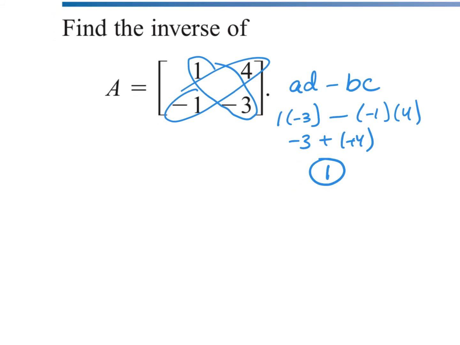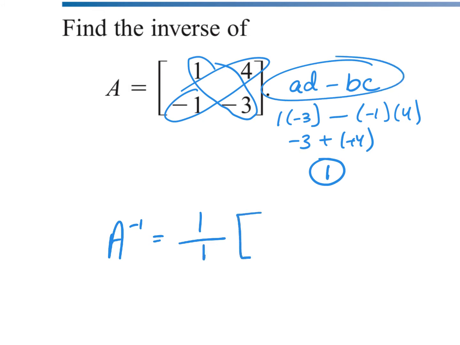Okay, so let's get our inverse formula set up. Got to have my A to the -1. I have 1 over whatever this value is. So 1 over what? 1. And now I have to get my matrix set up. What happens with 1 and negative 3? They switch spots, so negative 3 goes here, 1 goes here. And then what happens with negative 1 and 4?